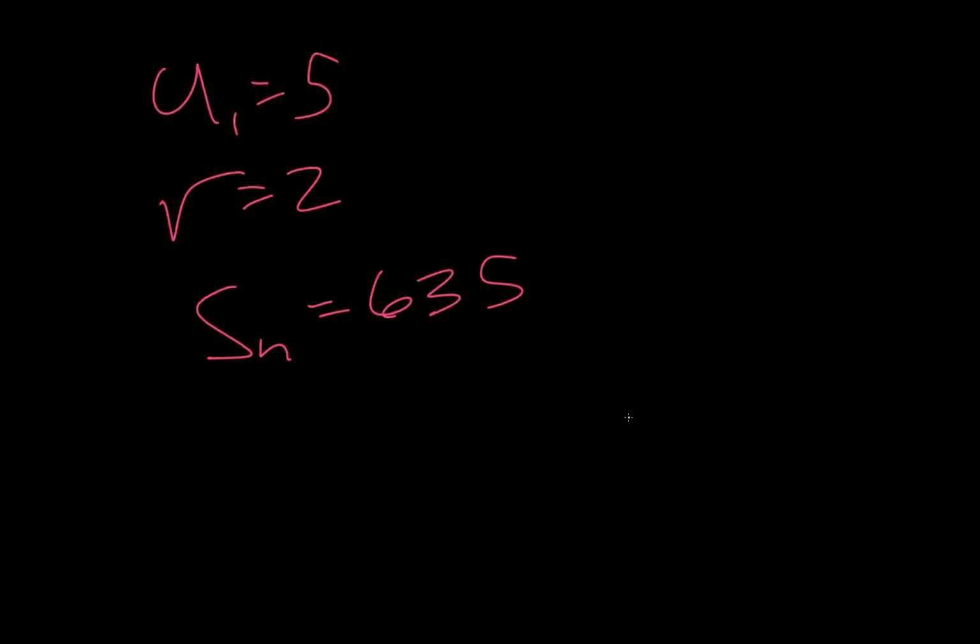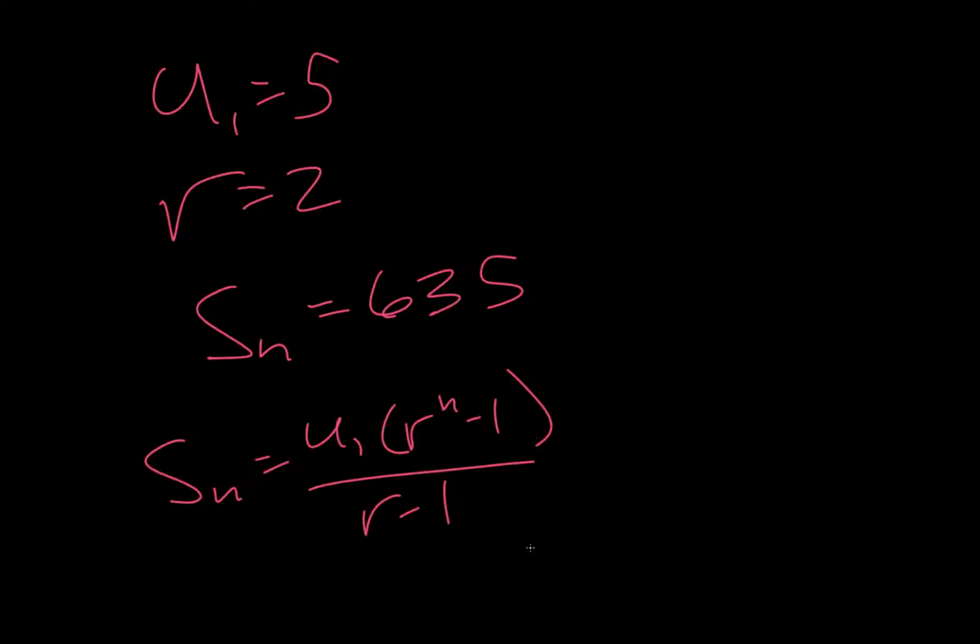We can do this one by hand if we want. So Sn is u1 times 1 minus r to the n over 1 minus r. I'm just going to use the other formula so you can see that it really is the same thing. If you use the version of this formula that we did on the previous problem, that's fine. It'll work out the same way. So we plug in what we know. So we have 635 for our S sub n.